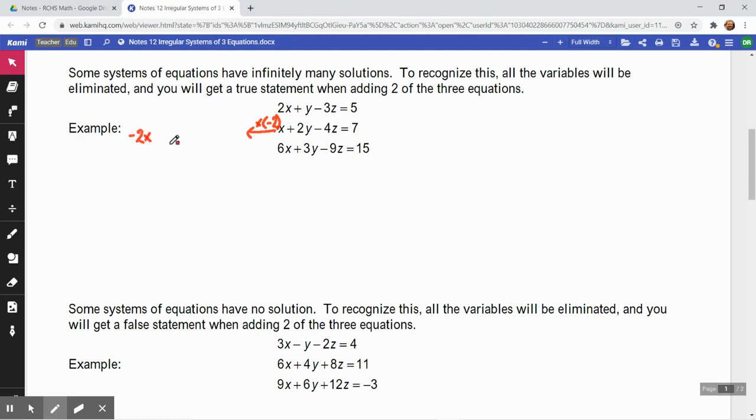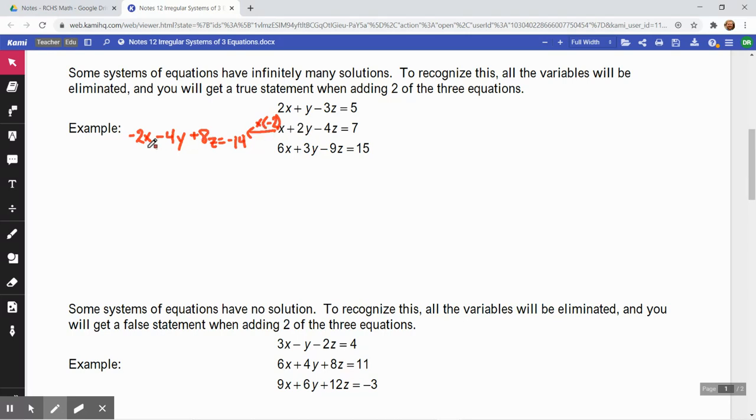Negative 2 times positive 2y would be negative 4y. And then negative 2 times negative 4z, that's plus 8z. And negative 2 times that 7 at the end is going to be equals negative 14.